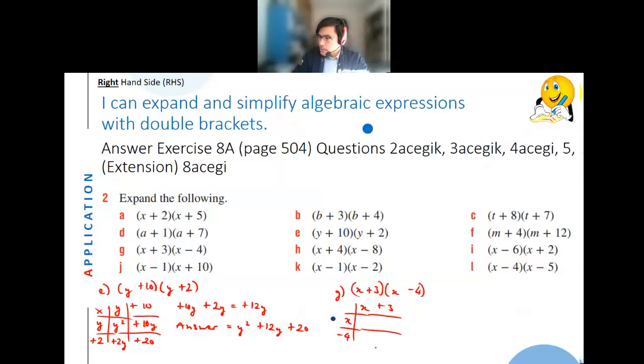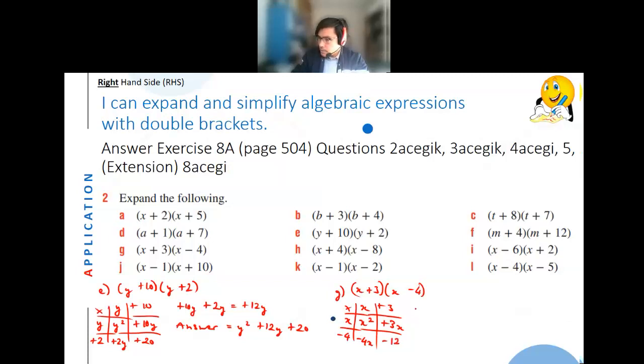Okay, so x times x is x squared. X times plus 3 is plus 3x. Negative 4 times x is negative 4x. Negative 4 times plus 3, a negative and a positive, is going to be a negative. And 4 times 3 is 12.